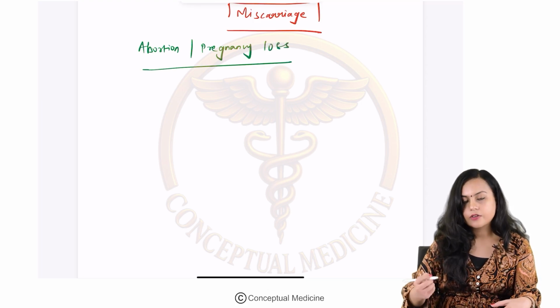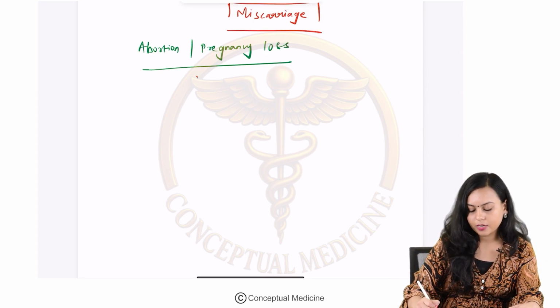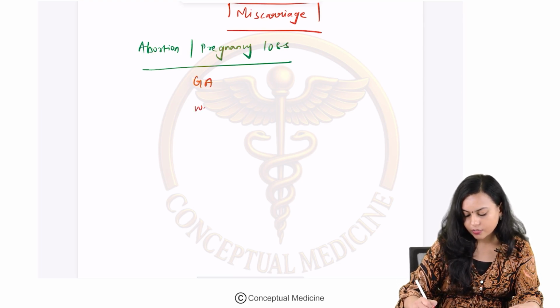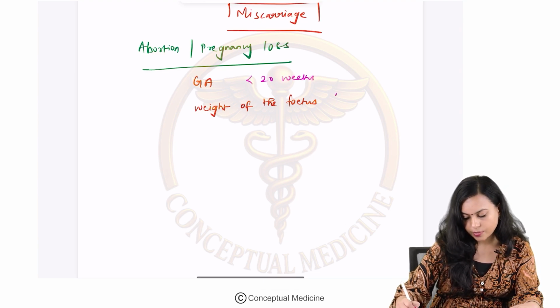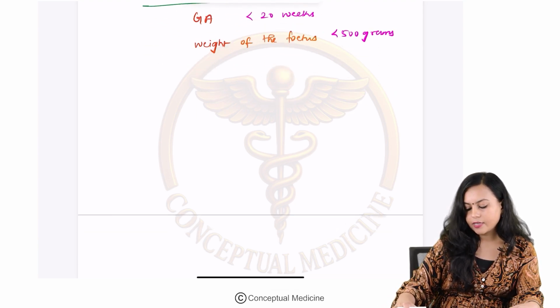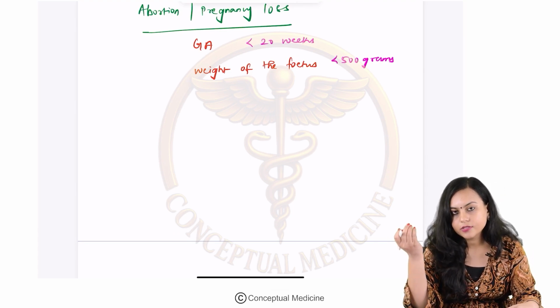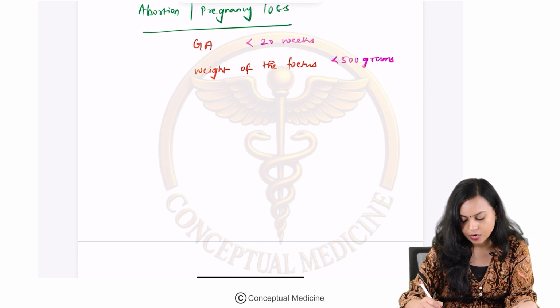Remember, abortions are defined by using two parameters, namely gestational age and weight of the fetus. The gestational age should be less than 20 weeks and the weight of the fetus should be less than 500 grams. At this stage, when there is a pregnancy loss, it will be called miscarriage or abortion.